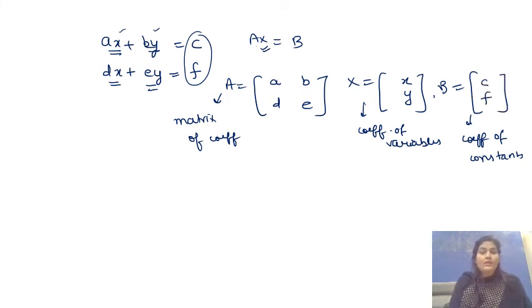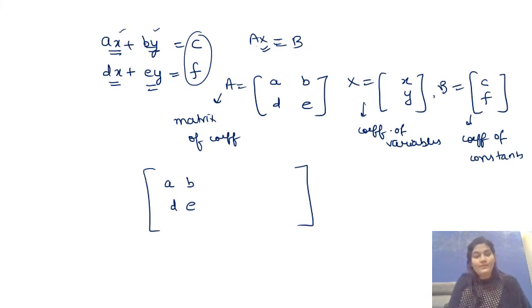If you write it without the equal sign, in fact, you write a matrix with a, b, d, e together, then the constants matrix, separated by one vertical line. So this is clearly the matrix of coefficients, and this is the matrix of constants.